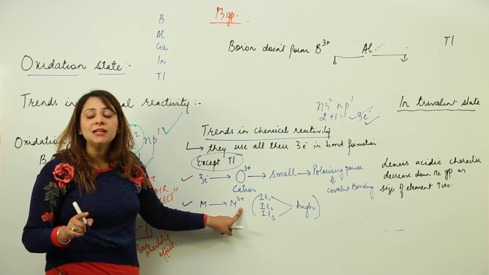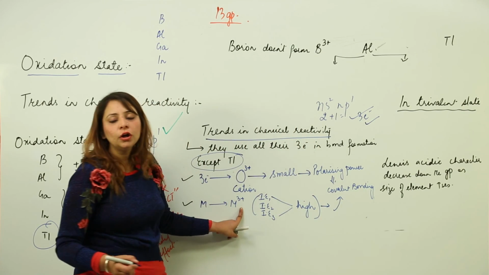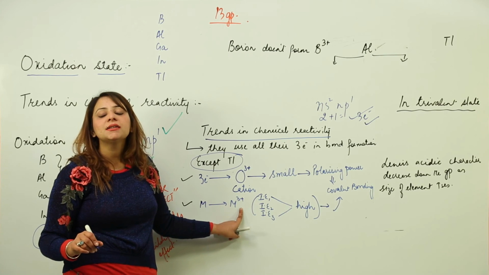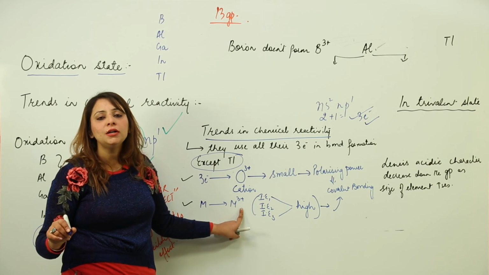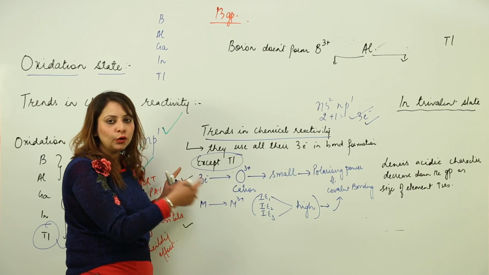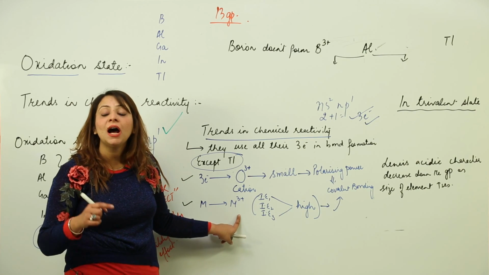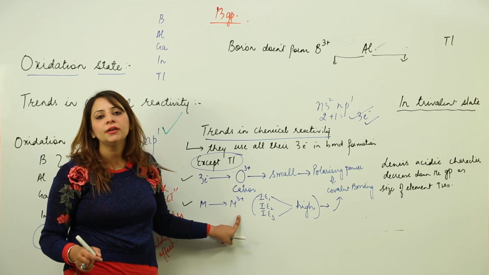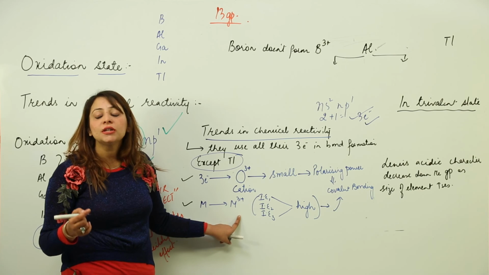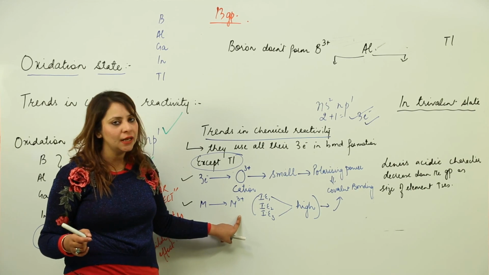That is the reason they show maximum covalent bonding. They do not form ionic bonds, they form covalent bonds. They make use of 3 electrons, but in covalent bond formation, not ionic, because for some elements of this family, converting the metal into M3+ requires higher energy that is not available. This loss becomes very difficult due to increased ionization energy.